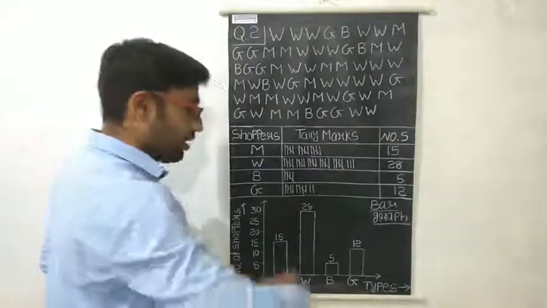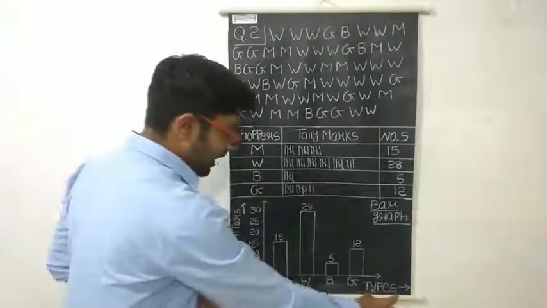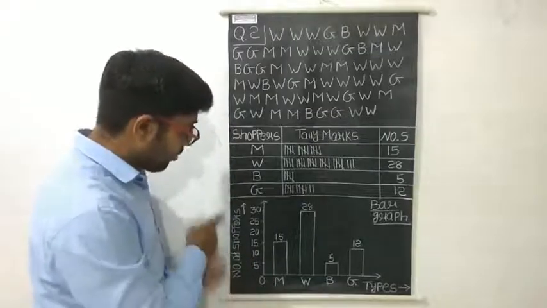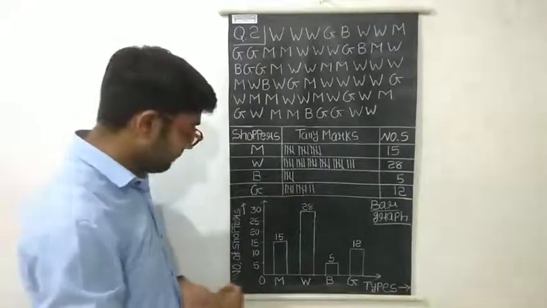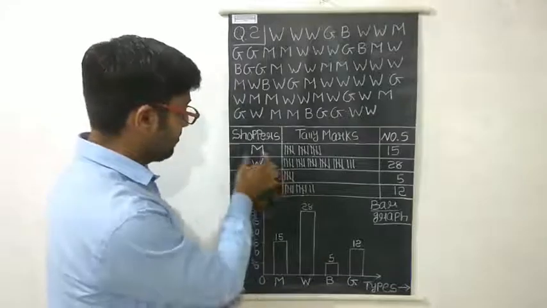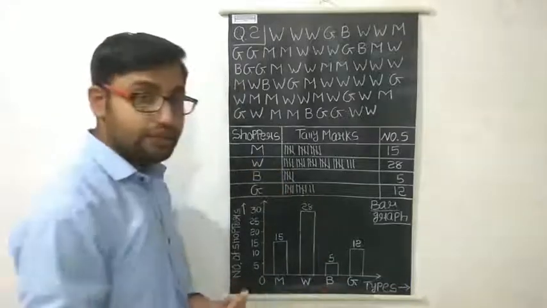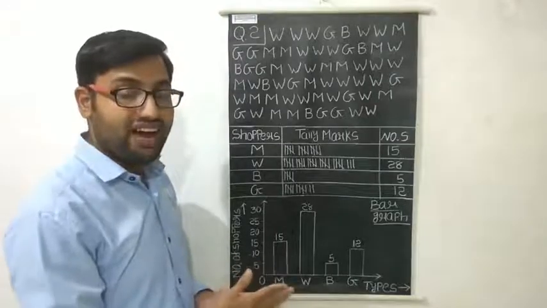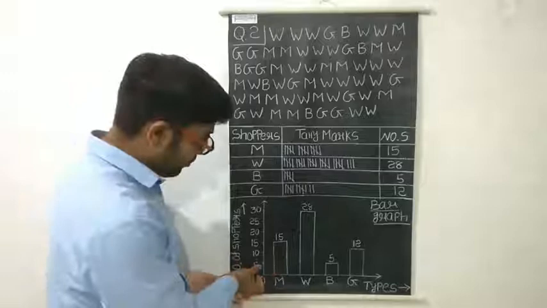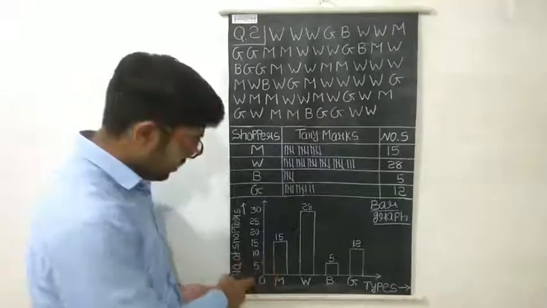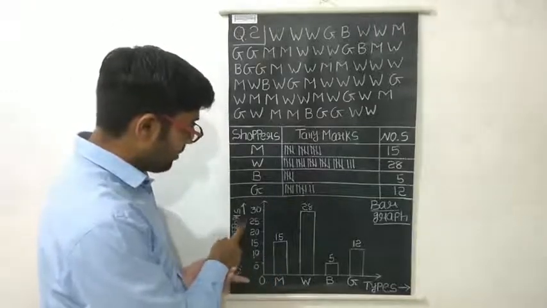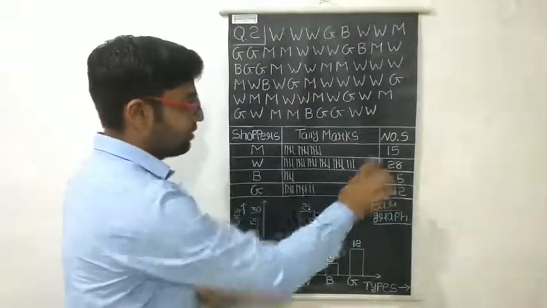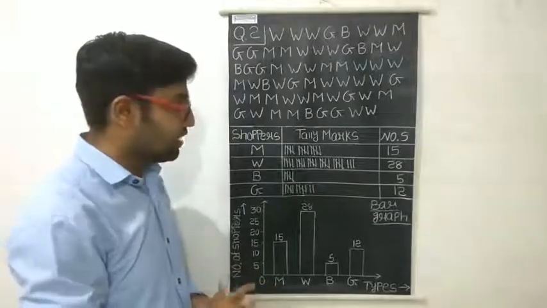So here are four types: man, woman, boys and girls. For the numbers, we take a scale of 5 shoppers per unit: 5, 10, 15, 20, 25 and 30. We go up to 30 because the greatest data value is 28.